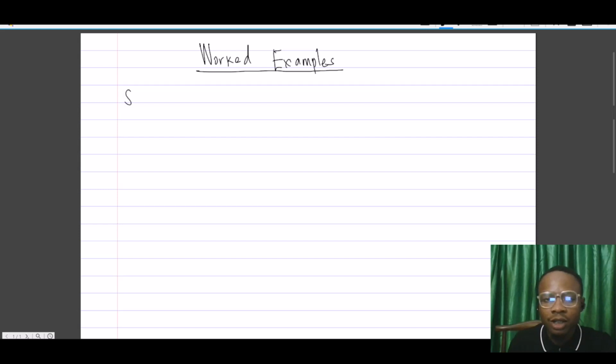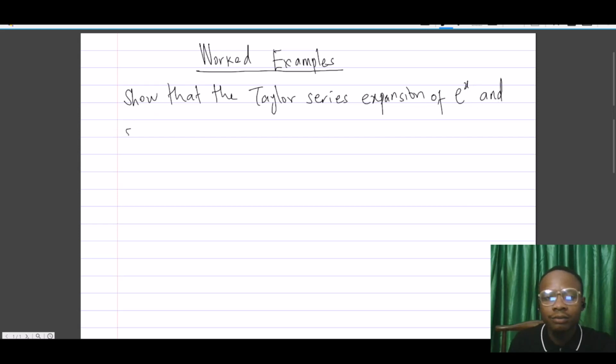It says show that the Taylor series expansion of e to the power of x and sine x about x equal to 0, which is of course the Maclaurin series. So that means all of these could have just been written as show that the Maclaurin series expansion of this and this, instead of adding this about x equal to 0.